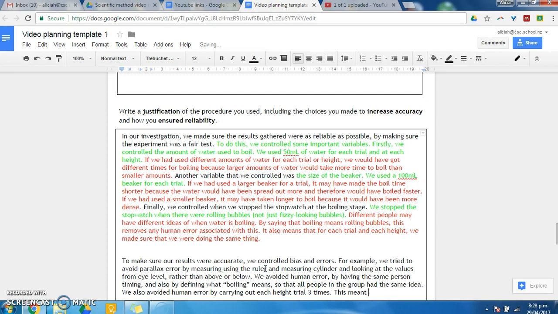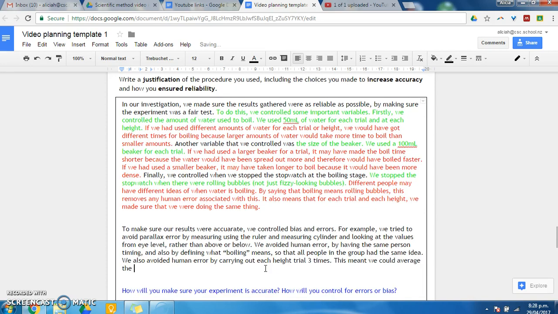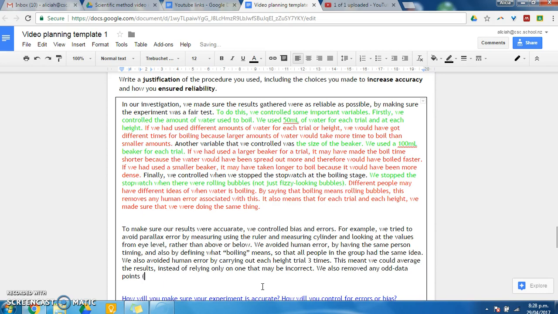This meant we could average the results instead of relying only on one that may be incorrect. We also removed any odd data points, also known as outliers, and repeated trials where necessary. And because we did those things, this made the data more accurate.